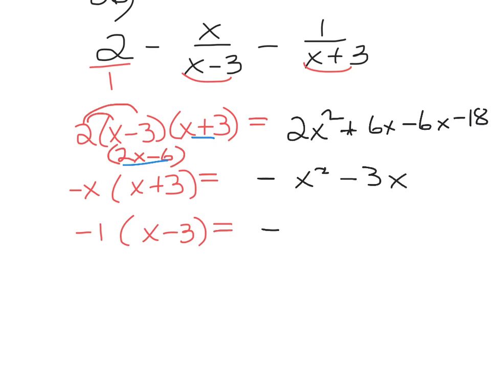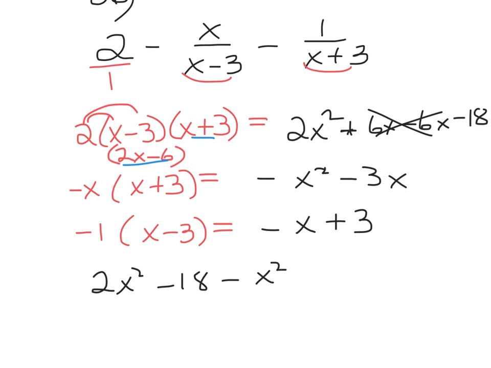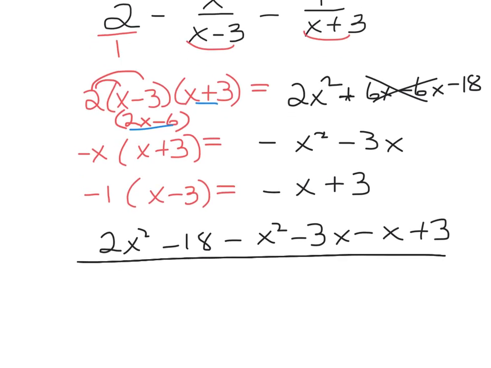Here it's going to be minus x plus 3. So let me put all this together. So 2x squared, this will cancel, minus 18 minus x squared minus 3x minus x plus 3. And the denominator is x minus 3, x plus 3.